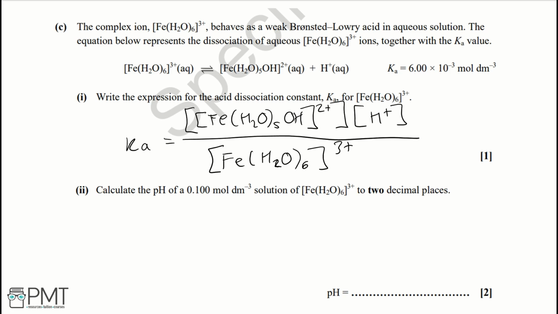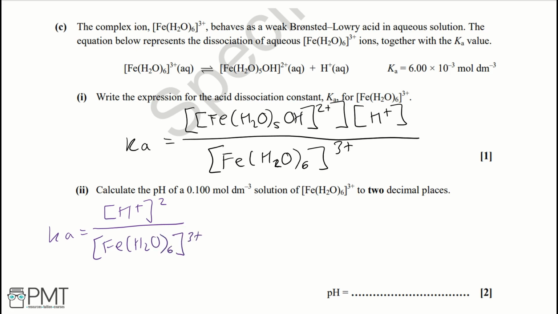Part 2. Calculate the pH of a 0.1 mole per decimeter cubed solution of [Fe(H2O)6]3+ to 2 decimal places. For this question, we're going to make the assumption that the concentration of H+ and the concentration of [Fe(H2O)5(OH)]2+ is the same. And that means we can write Ka equals [H+] squared divided by [Fe(H2O)6]3+.